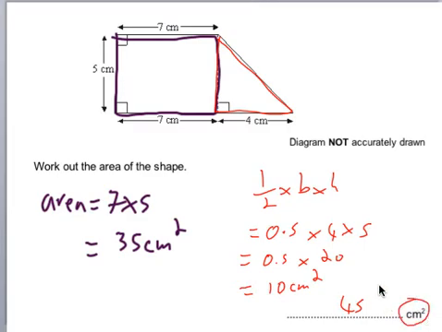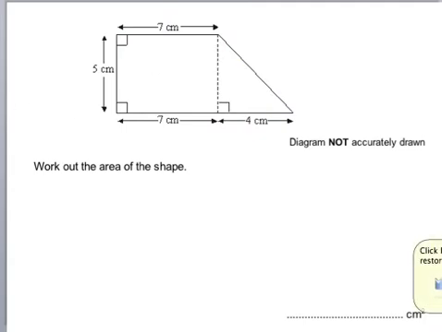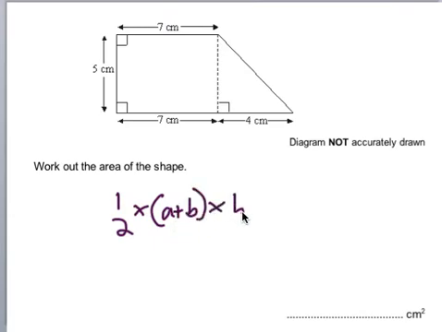total. For this question, they've actually given you the centimeters squared. Another way we could do that is to notice that the shape of this is actually a trapezium. So we could use the formula half multiplied by A plus B multiplied by the height.